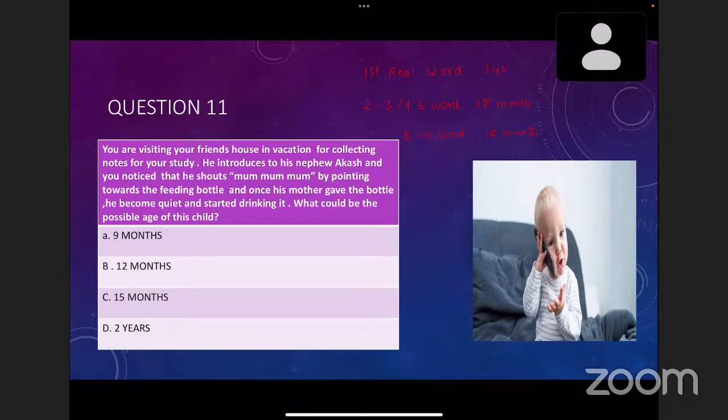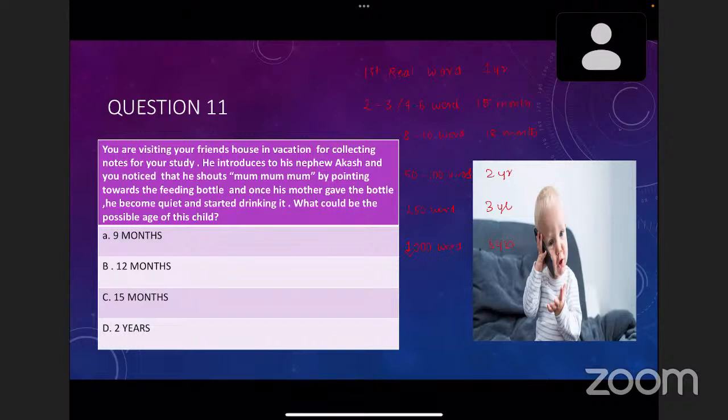By 2 years, the child can speak 50 to 100 vocabulary words. And by the age of 3 years, you can see a massive increase to 250 words. And by the age of 5 years, the child can speak about 1,000 to 2,000 words.